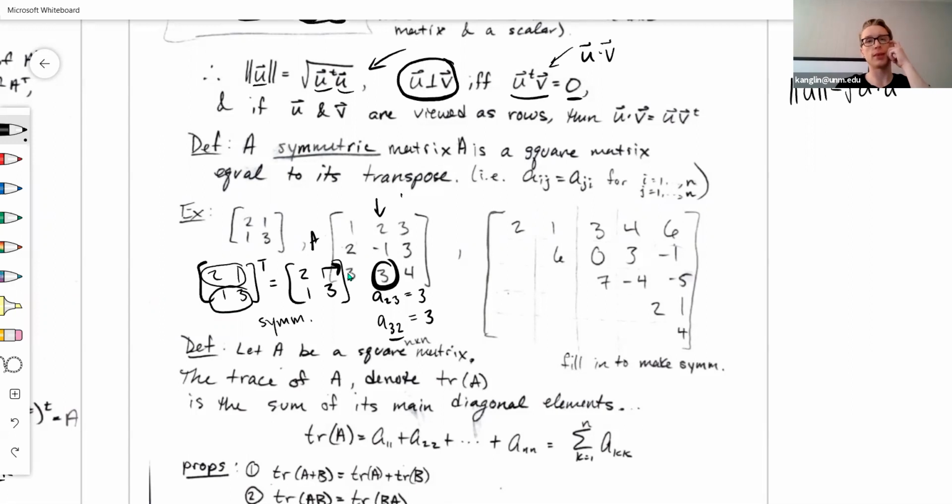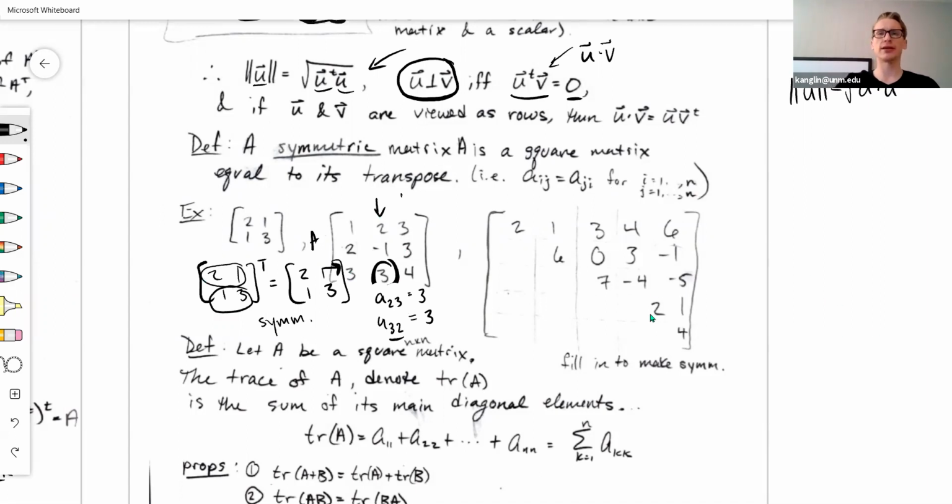Yep, that's also 3. And you can check this for every element, for every row and column index from 1 to 3. Write any of these down and they'll all be equal. Write down the aij and the aji element, and they'll be the same for any values of i and j between 1 and n. In this case, n equals 3.